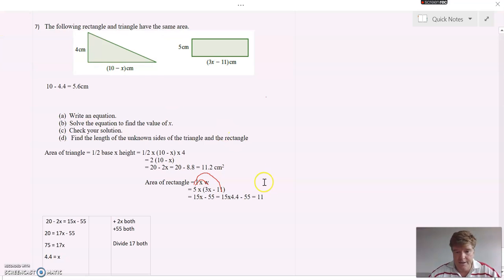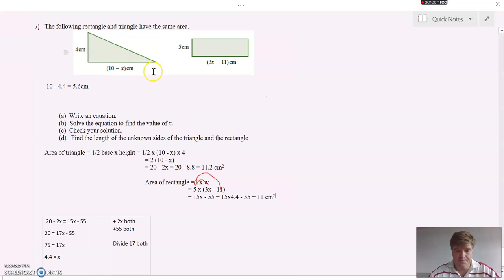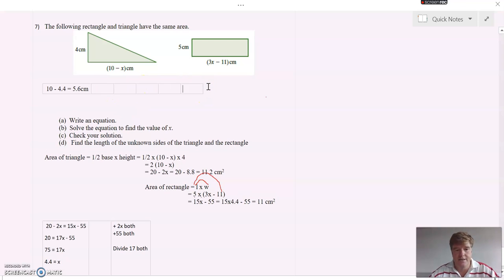This should also be centimetres squared, and this should be centimetres here. And the same thing on this side here, 3 times 4.4 minus 11 equals 2.2 centimetres for that side there. So it's quite a challenging question. That's our 2 questions.